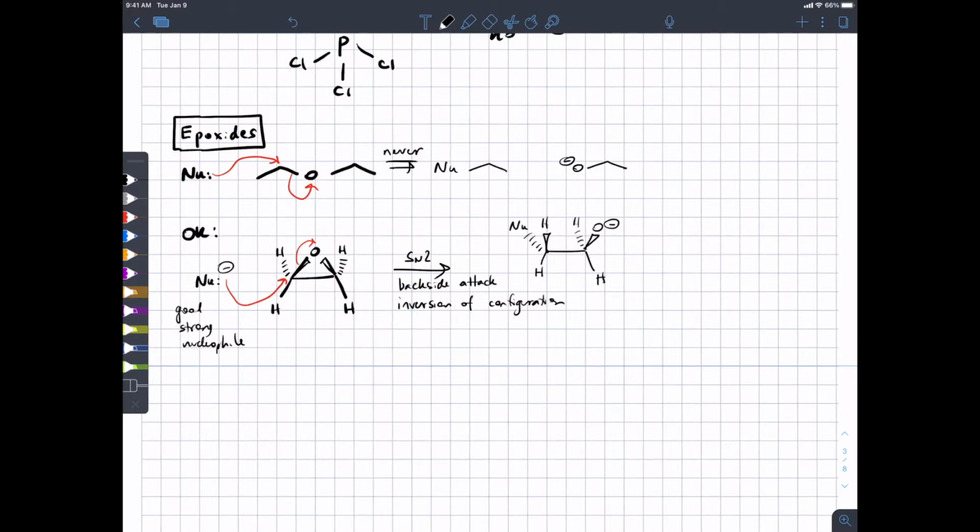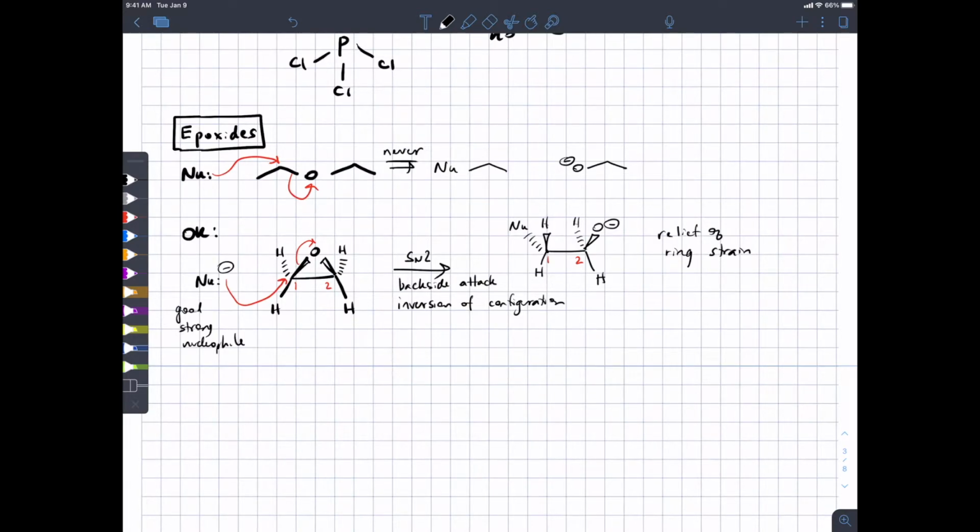When you open up an epoxide, notice that the OR minus leaving group is still part of the same molecule because carbons 1 and 2 are directly connected to each other. But the reason this is okay is because of the relief of ring strain that happens when that OR minus leaves.